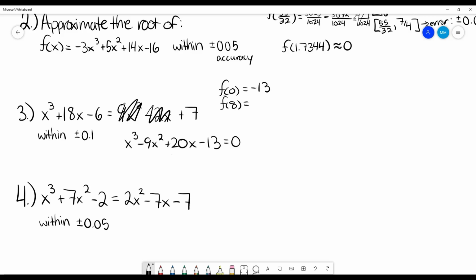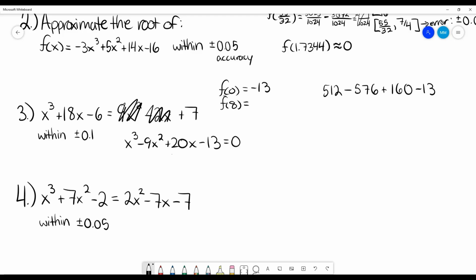That's going to be a bit of a pain. Just a little bit, though, so it'll work out, I'm sure. So 8 cubed, that's 64, 512, minus 9 times 64 is 576, plus 20 times 8, which is 160, minus 13.